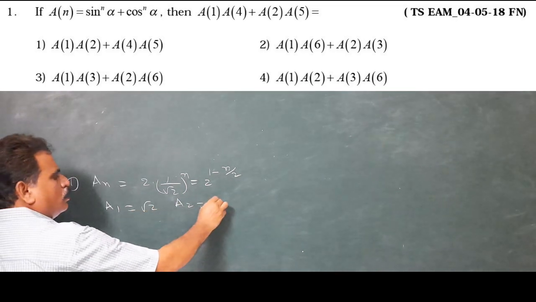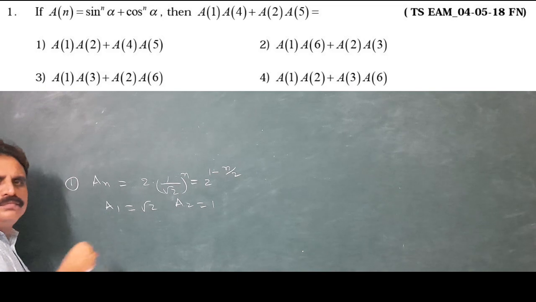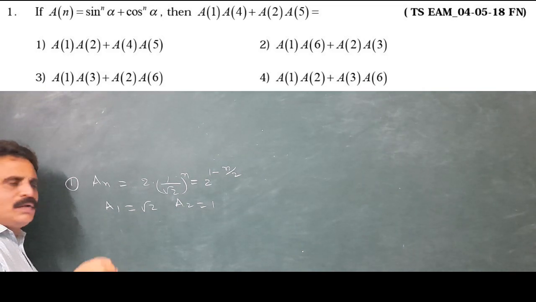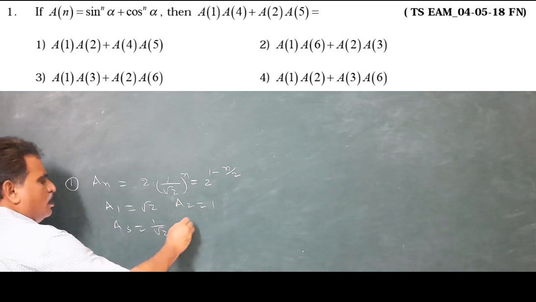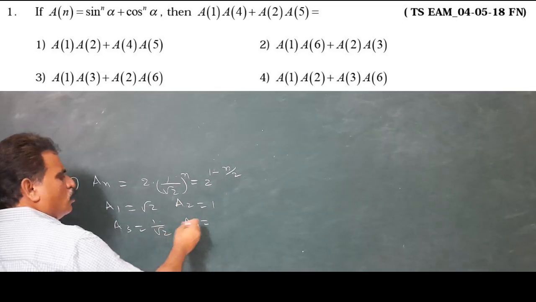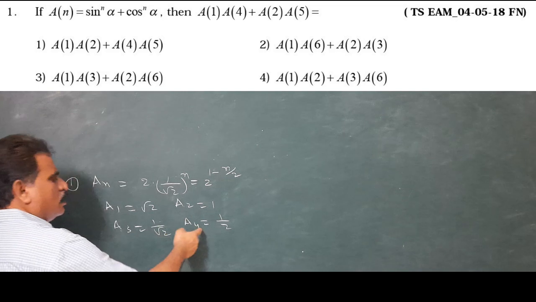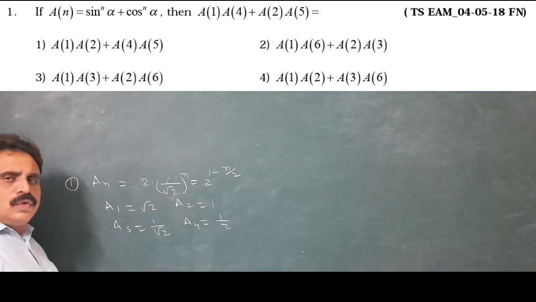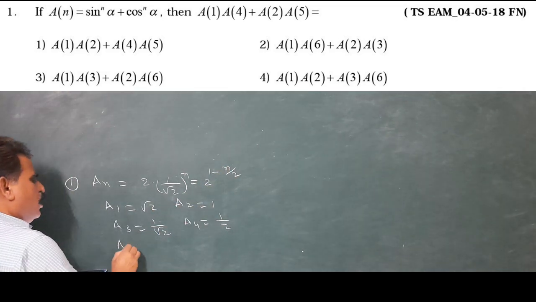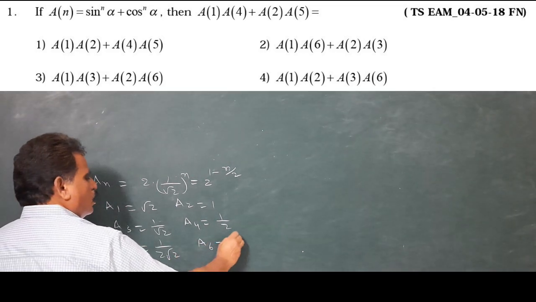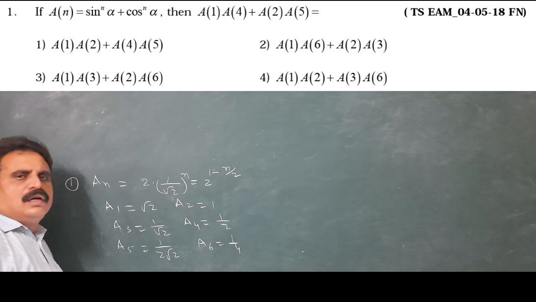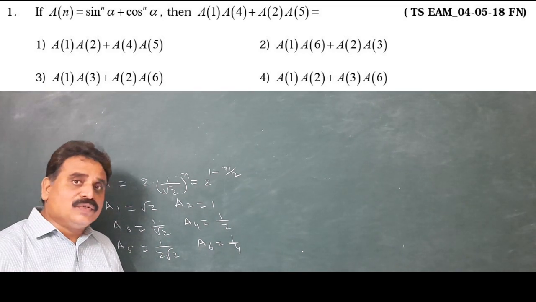A2 equals 1. The common ratio is 1 by root 2. Next, A3 is 1 by root 2. A4 is 1 by 2, you can check that. N equal to 4. Like that you can write A4, A5. A5 is 1 by 2 root 2. A6 is 1 by 4. The common ratio is 1 by root 2.